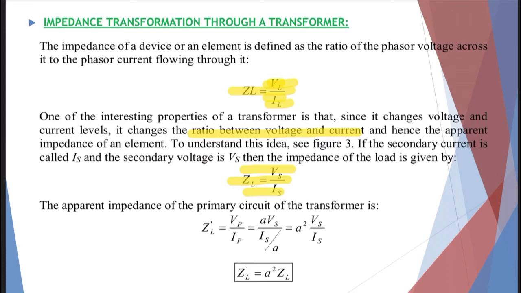The apparent impedance of the primary circuit of the transformer is Z L prime equal to Vp over Ip. We substitute a Vs over Is here, so we get Z L prime equal to a square multiplied by ZL, where a square is a constant.